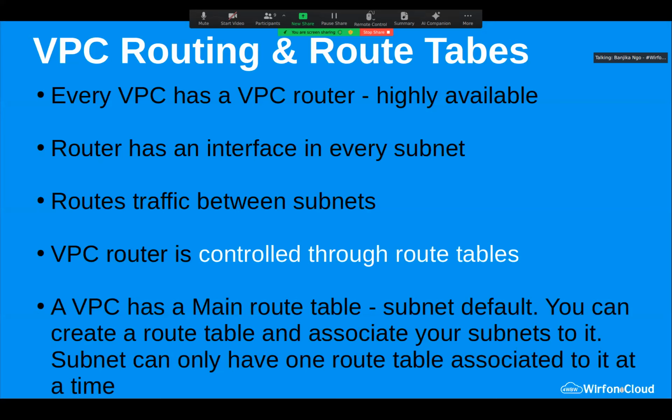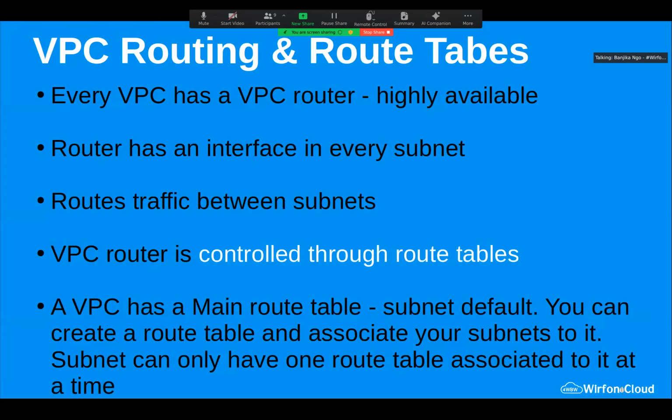The key thing that you really look into is that your VPC router is controlled through route tables, and this is where most of the work is. When you're trying to route your traffic, you always go to configure your route table. The VPC router has an interface in every subnet, helping to route traffic between subnets. And there's a main route table, which is the default for subnets.